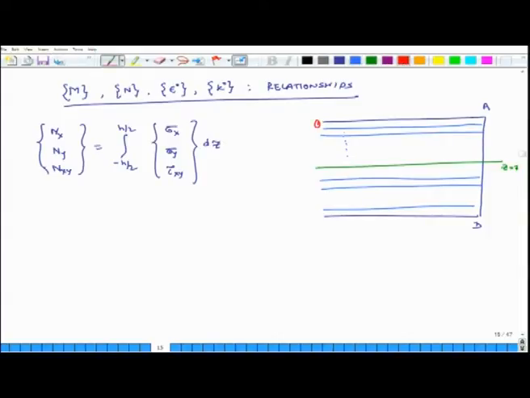The overall thickness is h. So, from the mid plane the top point is here, h by 2, this is the coordinate of point A, and the bottom one, because z is going down positive, is z equals h by 2, and here z equals minus h by 2 on the top layer.